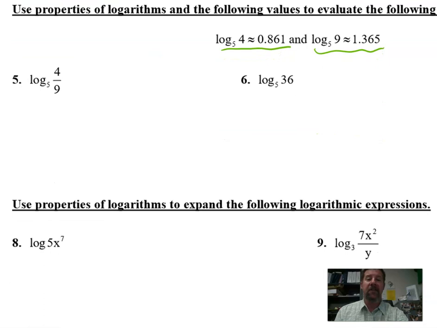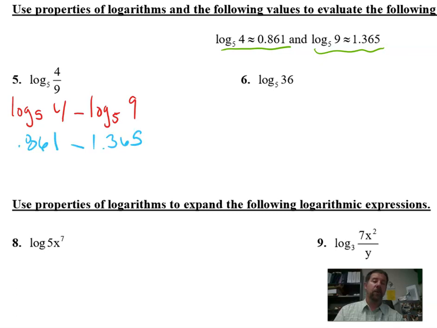I could rewrite this as log base 5 of 4 minus log base 5 of 9. Okay? When you are dividing in the argument, you could rewrite it as a subtraction problem. And now, again, they gave us what log base 5 of 4 and log base 5 of 9 are, so we can replace and evaluate. This would be 0.861 minus 1.365, which is negative 0.504.